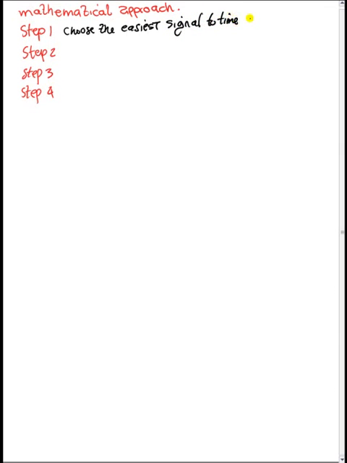So again, the steps. This relies a little on your bag of mathematical tricks. If you're pretty good at changing the limits of sums and simplifying mathematical expressions, then you're going to like this. So step 1 is to choose the easiest one to flip.